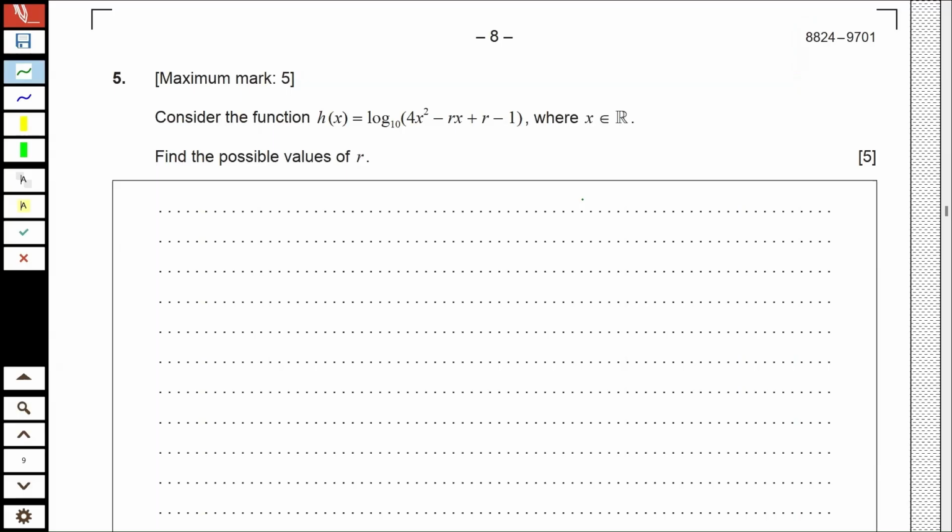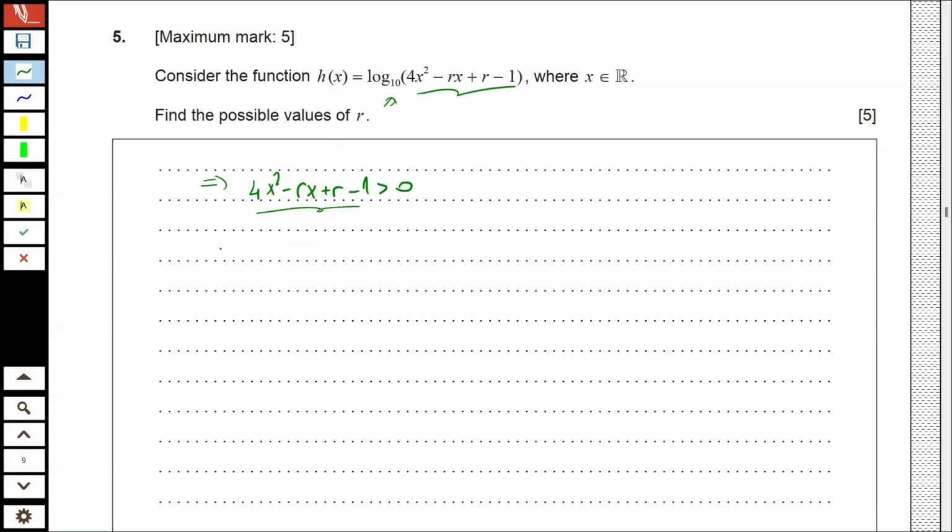Question 5. Consider the function h of x equals log base 10 of 4x squared minus r times x plus r minus 1, where x is a real number. Find the possible values of r. So the argument of the logarithm, inside the parentheses, needs to be greater than 0. In this case, we can look for the discriminant needing to be less than 0.